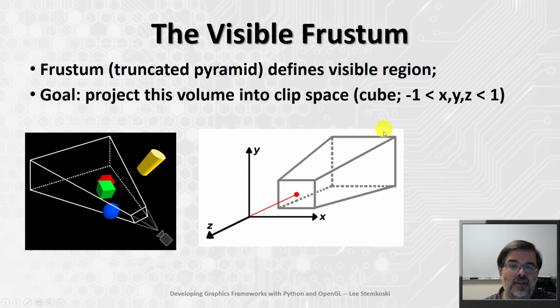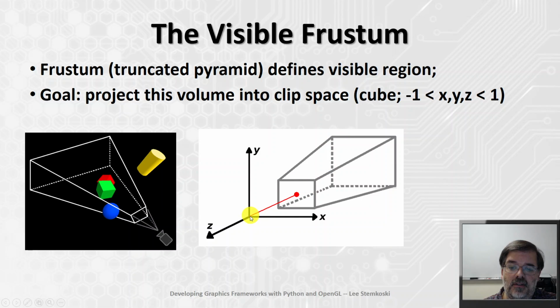So we should talk a little bit about how this frustum is shaped. For example, the central axis of the frustum, going from the center of the front to the center of the back, is aligned with the negative z-axis. You can think of the viewer, or the virtual camera, as being at the origin.